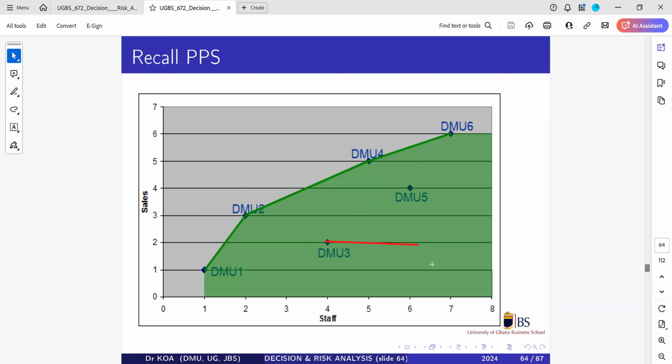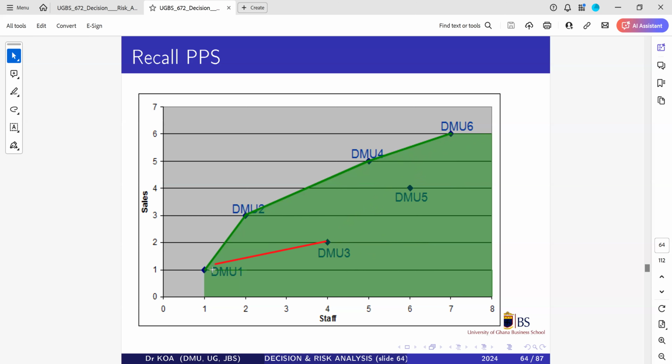And yet, DMU6 is using a smaller number of staff. So that is why the vertical and the horizontal sections are not really good and perfectly efficient sections. These sections are called free disposal sections. And it has led to a whole new thesis and research because it creates something we call slacks. We'll talk more about slacks later.